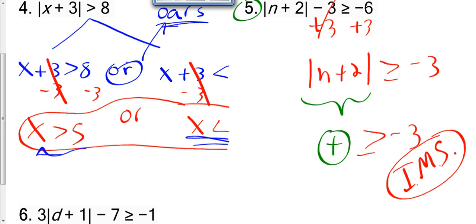Okay, so on this, the deal is this. You can go out and solve this thing and get some answers, but I think if you look at your solution, you'll find that it's infinitely many solutions because it's an or, right? If you look at your 2 answers for this problem, I think you'll get n is greater than or equal to negative 5, and then maybe you get n is less than or equal to 1, or... yeah, is that right?